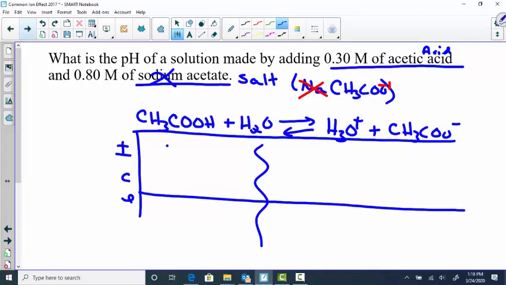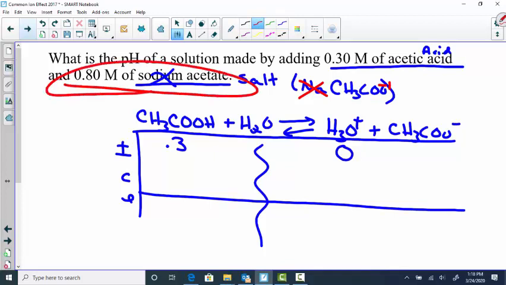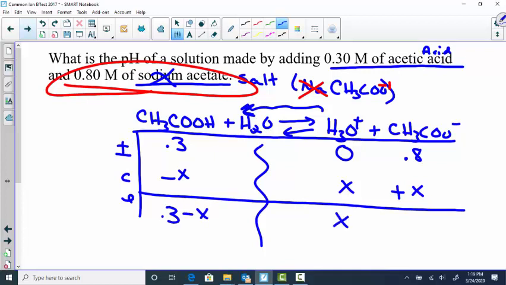The only difference now is this is 0.3 molar to start with. This is 0 to start with. But because of this sodium acetate salt solution that we're putting in, this is 0.8 to start with. Okay? So that's going to actually cause our reaction then to shift this particular direction. So this is still minus x, this is still x, that's still plus x. So at equilibrium, this is 0.3 minus x, x, and this is 0.8 plus x.